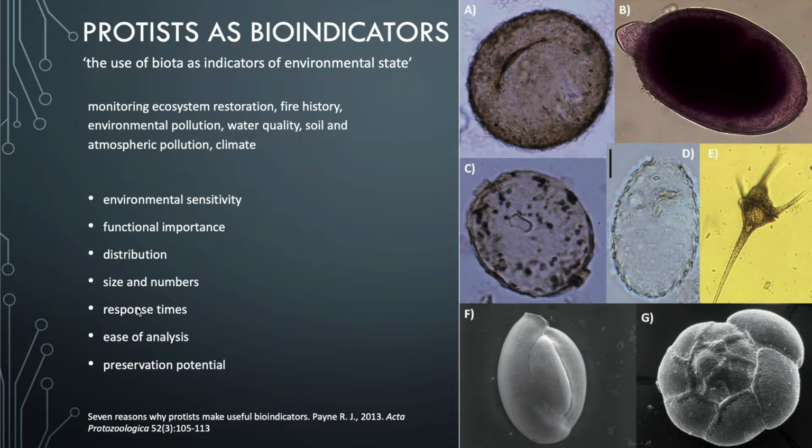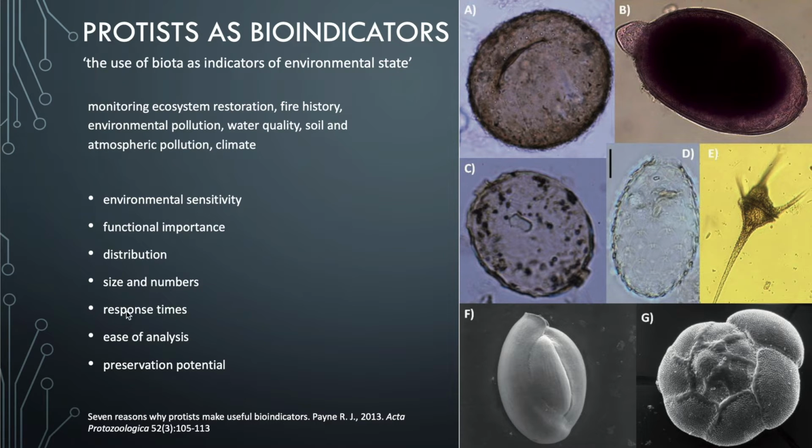So that means that it's easy to see what is happening within their populations very quickly, and that is a very positive thing when you're trying to assess environmental impacts. For example, otherwise you might be waiting for birds to breed over time, or elephants to breed, or plants to grow. But soil protists can give us this really quick check as to what is happening in the ecosystem.